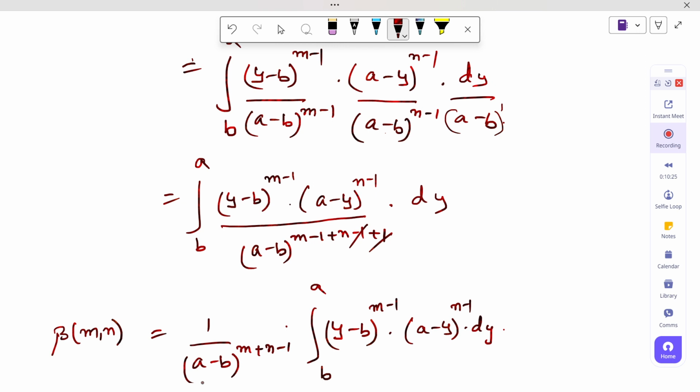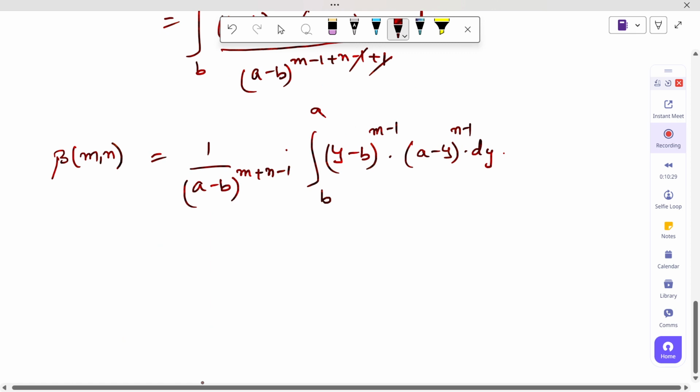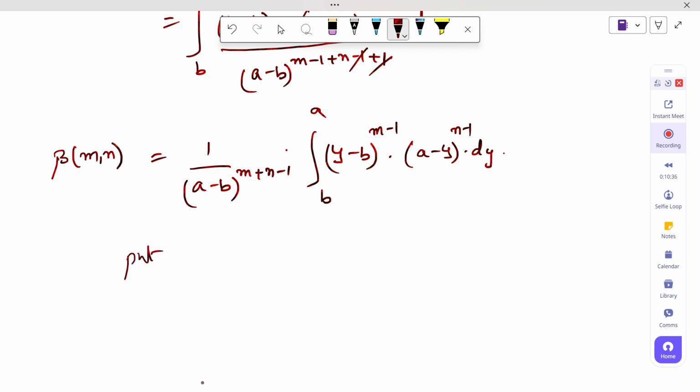b is 5 and a is 7. b is equal to 5, a is 7. We'll put b is equal to 5, a is equal to 7.